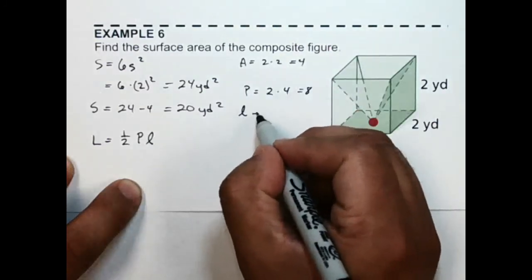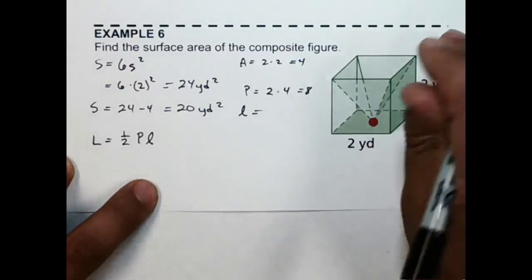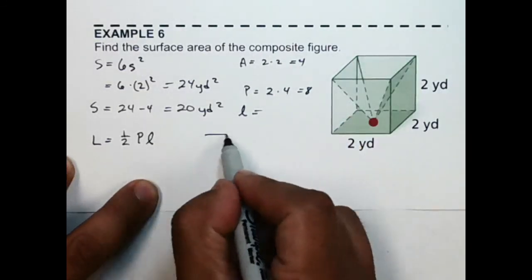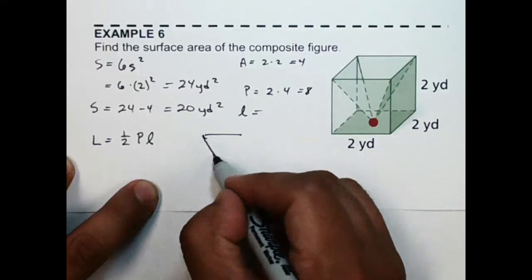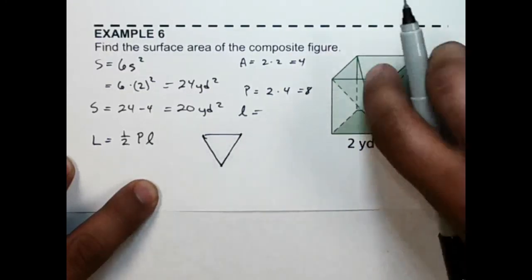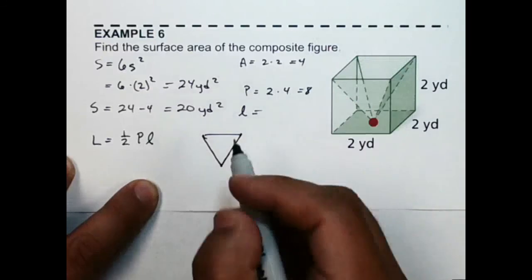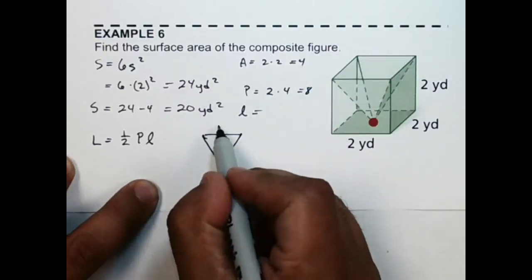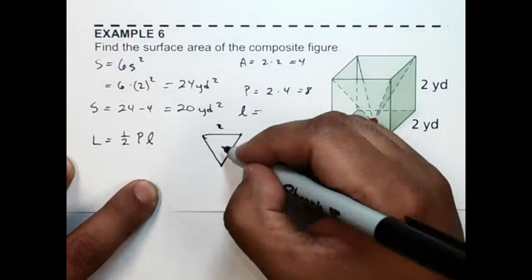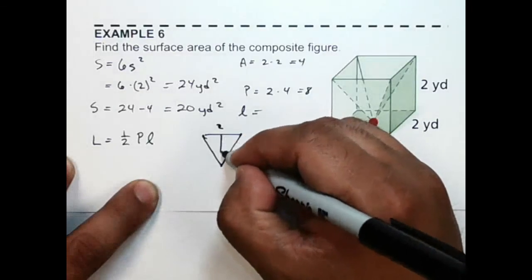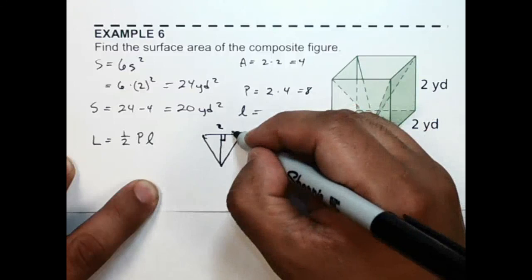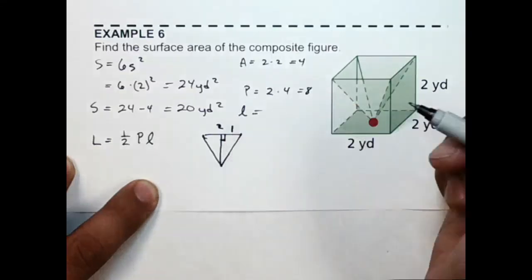Now for my lateral surface area, I'm going to have to do a little calculation. If I take this pyramid and look at it straight on, where I don't see this hole up here, I know that this total distance here is 2. So when I draw my height right here, I'm going to cut this in half, so that's going to be 1.